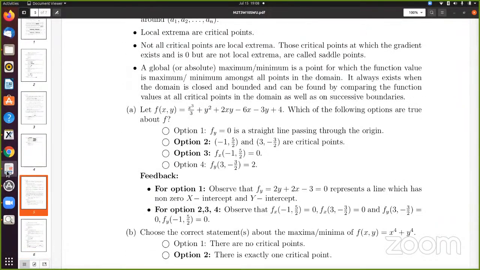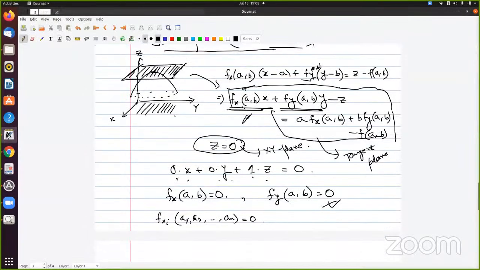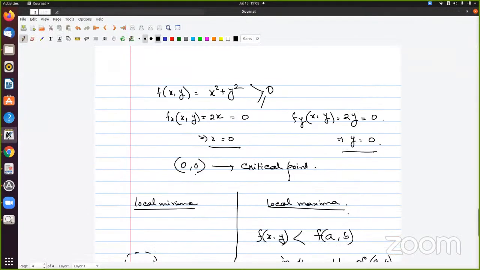Take the first one: x cubed by 3 plus y square plus 2xy minus 6x minus 3y plus 4. Let's see what the critical points are. So let me write the function.